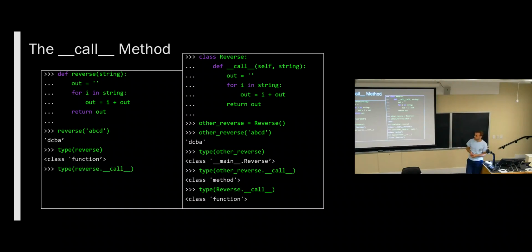Now, what about this, though? So let's see, reverse is a function. Well, first of all, do we even know that this thing exists? Reverse is a function, and function has a call method.